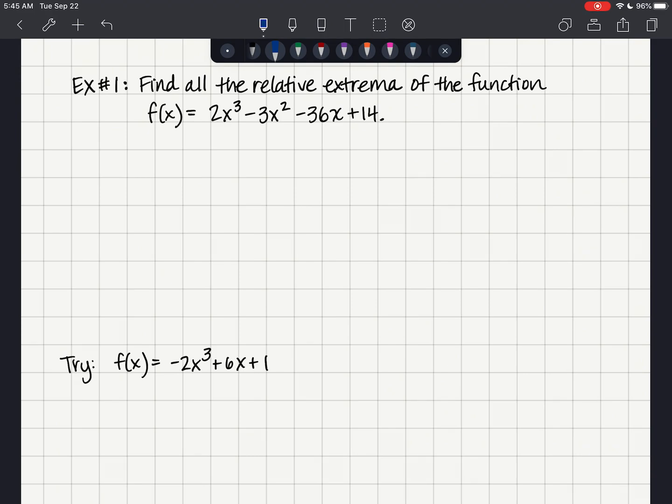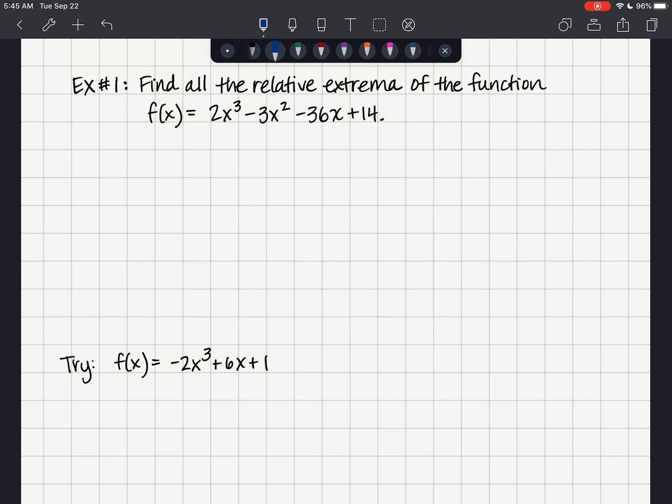Okay, let's get to it. Find all the relative extrema of the function f of x equals 2x cubed minus 3x squared minus 36x plus 14. I'm going to speed up just a little bit here, because we already know that this is a polynomial function.